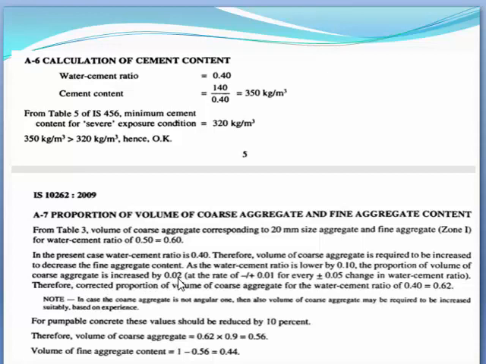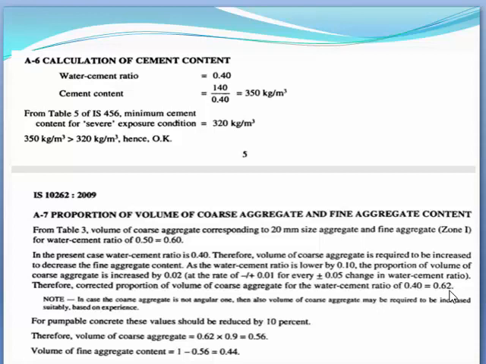We have increased the proportion of volume of coarse aggregate by 0.02. That means it is not 0.60. We have increased 0.02 and we have attained 0.62. The volume of coarse aggregate for water cement ratio 0.40 is equal to 0.62.